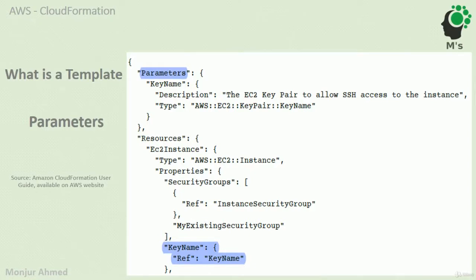So now here you see that if you use the template for one specific region, then you can sort of fix the key name. But if you want to use the template in different locations, then the key pair will be different.